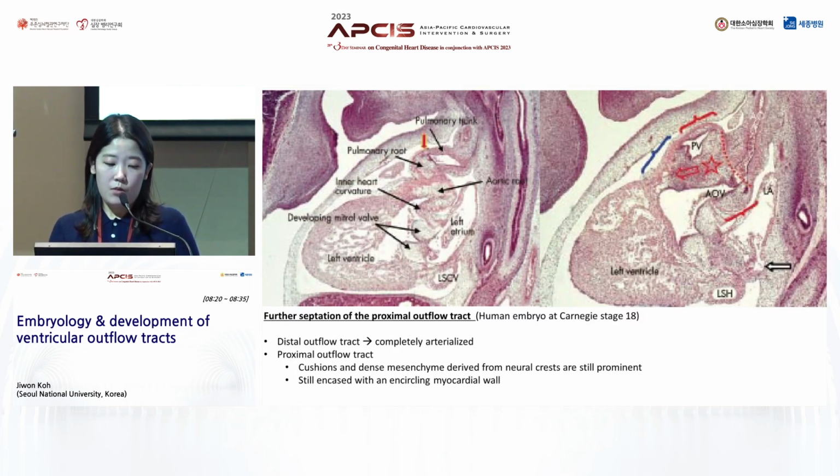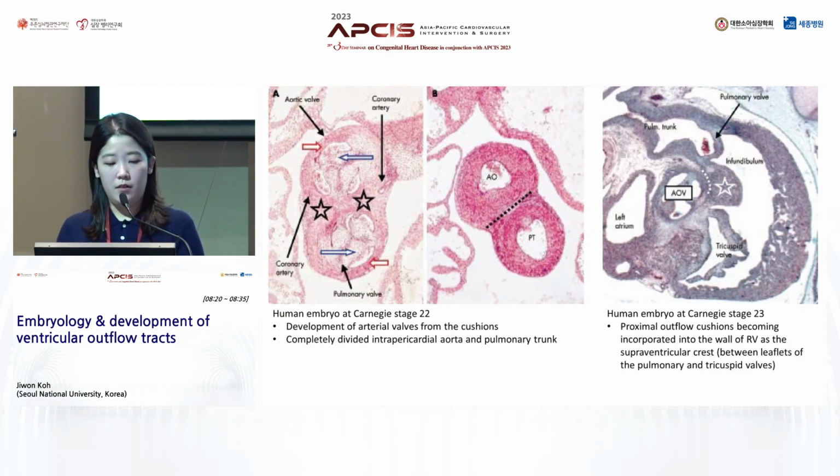But as time goes by, the proximal outflow tract also undergoes arterialization by the contribution of cushions and neural crest-derived cells.